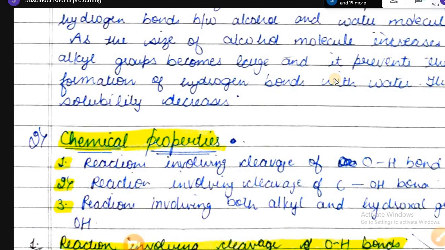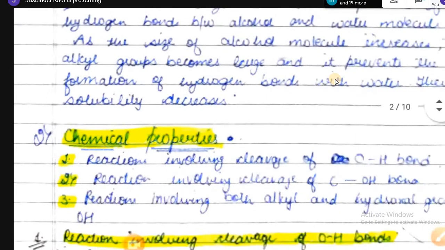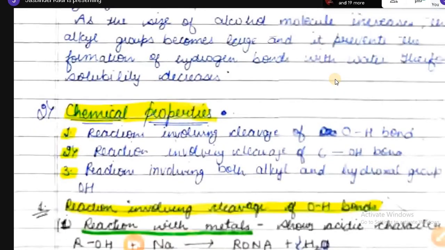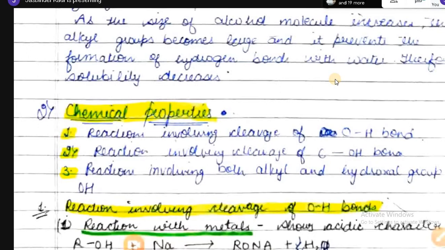And third, the reactions in which both alkyl and hydroxyl group are involved. So, we categorize the reactions of alcohols in three: first, reactions in which the OH bond breaks, which shows the acidic character of alcohols; second, involving carbon-oxygen bond cleavage; and third, reactions involving both alkyl and hydroxyl group.